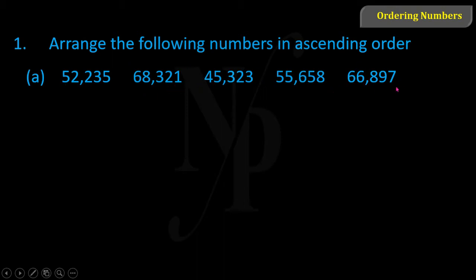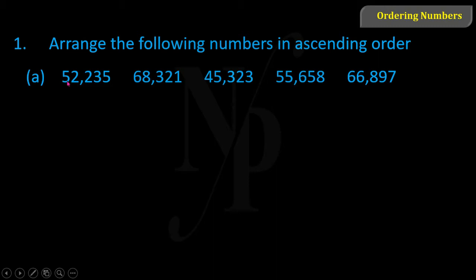We have learned the method of comparing numbers. When we compare these numbers, all are 5-digit numbers, and we look at the digits at the highest place, that is the 10,000's place.